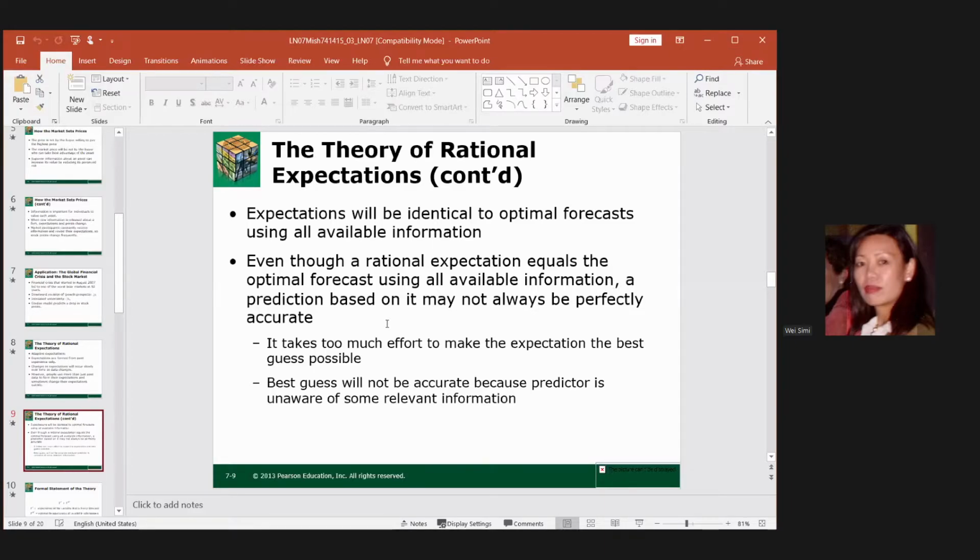However, a predictor based on the information available may not always be perfectly accurate. What I mean is, we already accept 20%, the best optimal forecast return, we say we expect it to be 20%. But even though you're logically, rationally thinking it should be 20% return next period, could it still have an error?